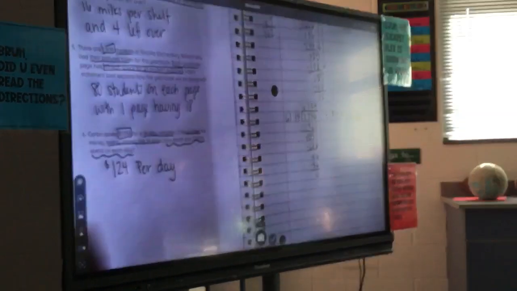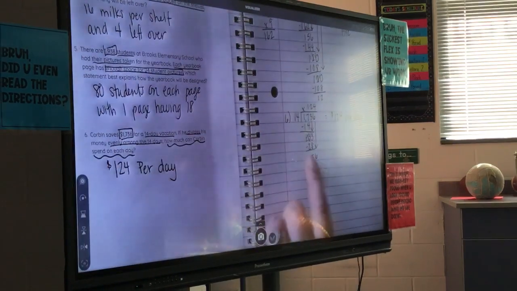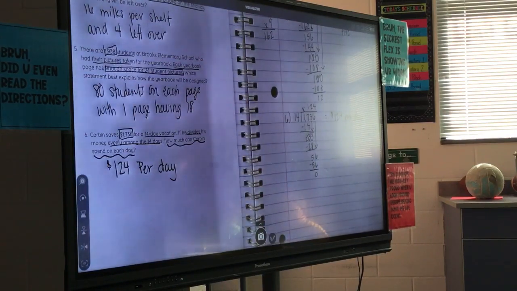Any other? Yes. 33 divided by 28 is not 56. It's not divided by, it's subtract. It's not 56. It's 5. You bring down your 6. So 33 minus 28 gives you 5, right? No, minus 28. What does that give you?